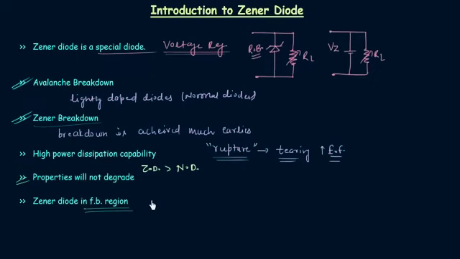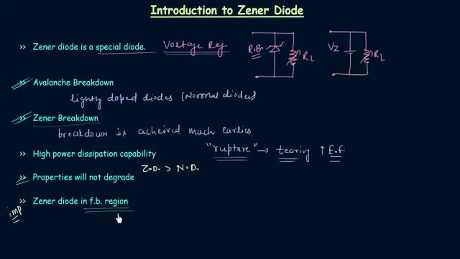It will have similar characteristics as normal diode. This is one important point. The most important use of Zener diode is voltage regulation, and Zener diode acts as voltage regulator when we operate it in reverse bias region, but we can easily operate Zener diode as normal diodes in forward bias region.